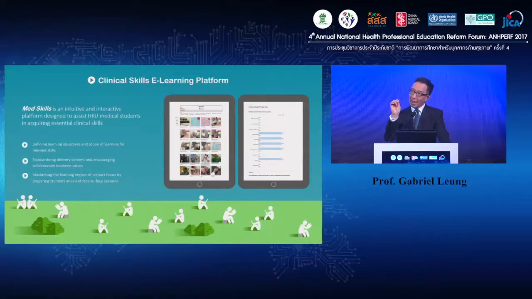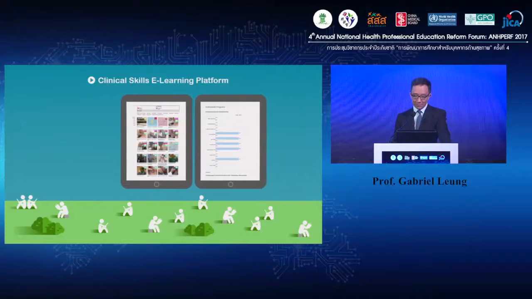Once in a while, they'll have a particular clinical skill that they film and put online as part of their education supplement. Now, we try and do our own. Of course, we use some of theirs, but we try to do our own in our context, and we have a wealth of these things online already.